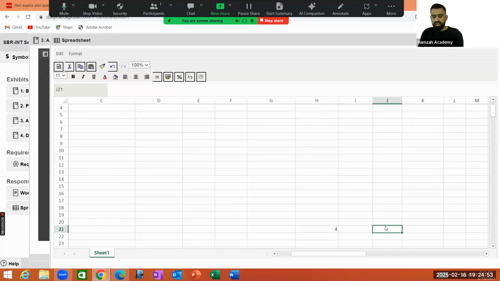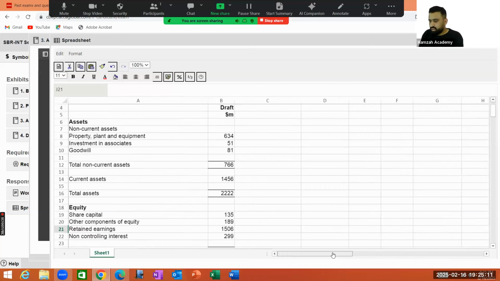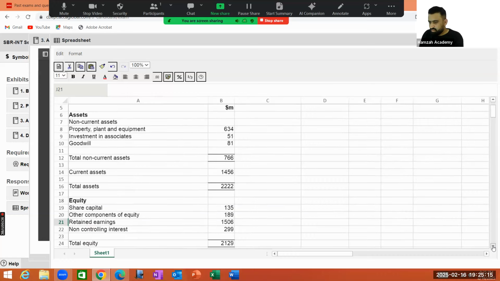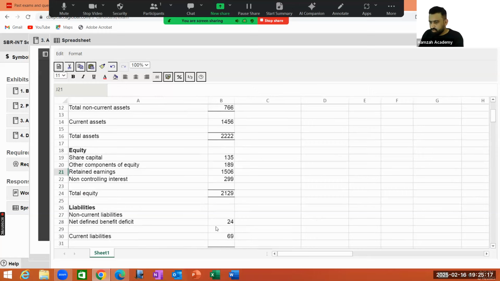Because when we adjust it, we will reverse the expense which we have recorded in the profit and loss account, and obviously it has impacted the retained earnings.